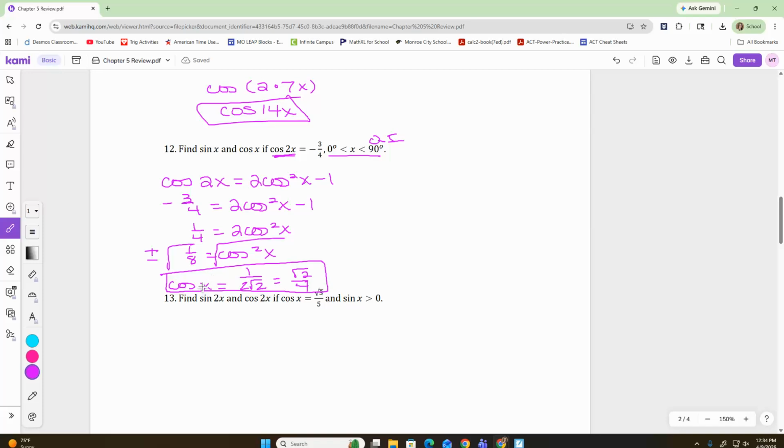Now we need sine. We have 2 options. We can do the same thing using the other identity, or once you have one of them, what could we set up? We know we're in the first quadrant. We know cosine is adjacent over hypotenuse, so Pythagorean theorem.